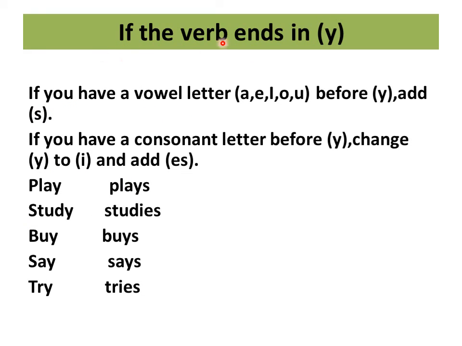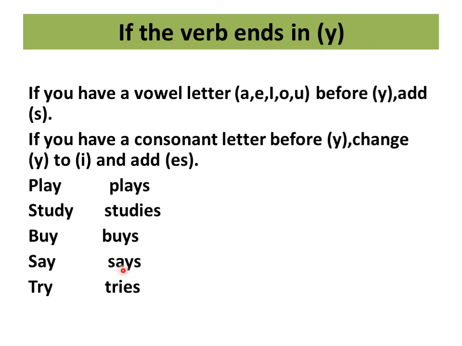What about if my verb ends in Y? Do I keep Y or change it? If you have a vowel letter like A, E, I, O, U before Y, add s. Like play, plays, because we have vowel A here. Buy, buys. Say, says.